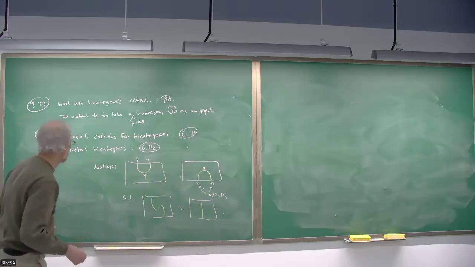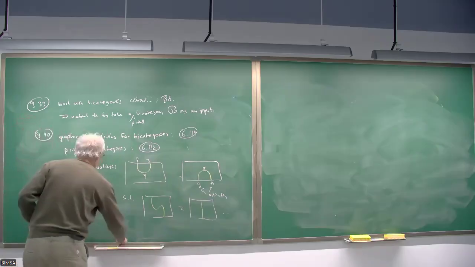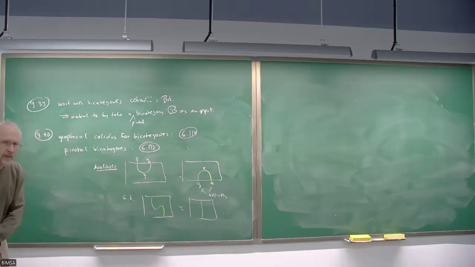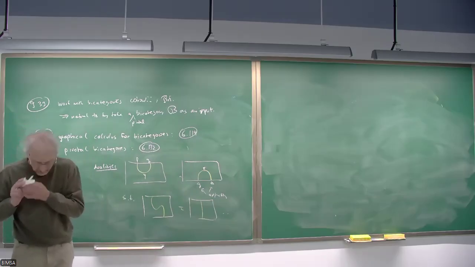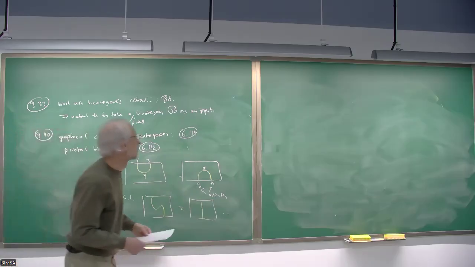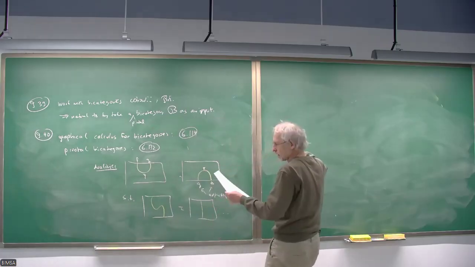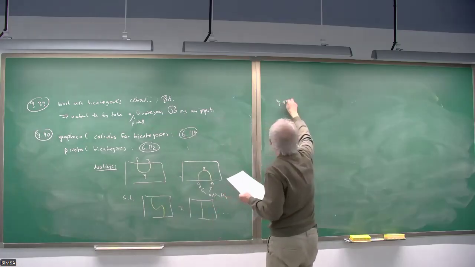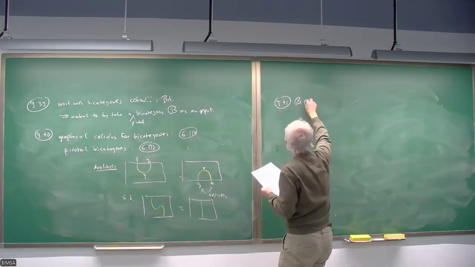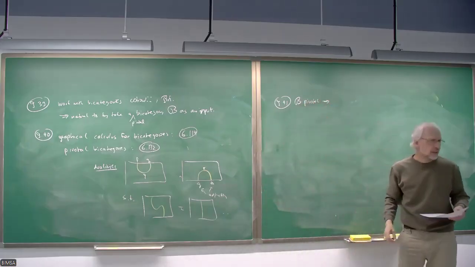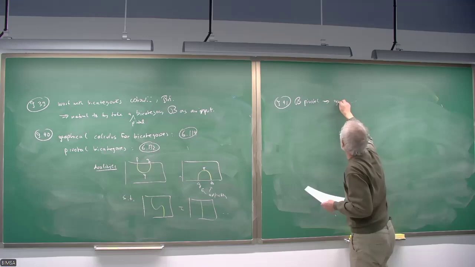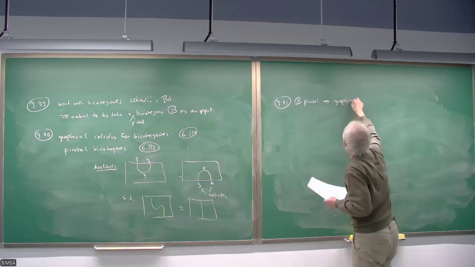And in pivotal bicategories, now this works when we have dualities. If we have in addition pivotal bicategories, then just like for pivotal categories, we have a graphical calculus on this.